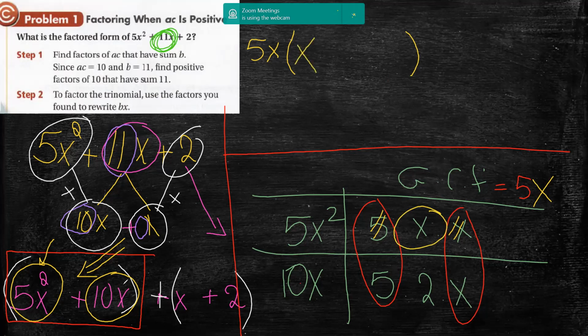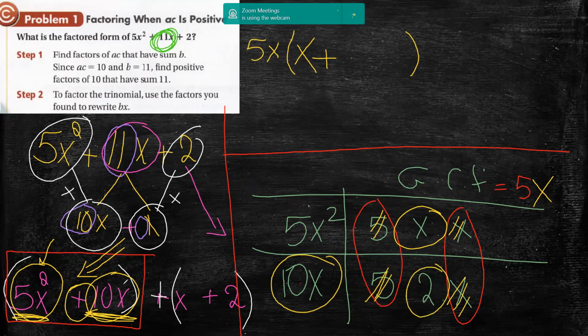X. And plus, look here, we said 5x squared plus 10x. So plus, now look at the 10x. If you remove 5 and x, what do we have? 2. So this is 5x times x plus 2.